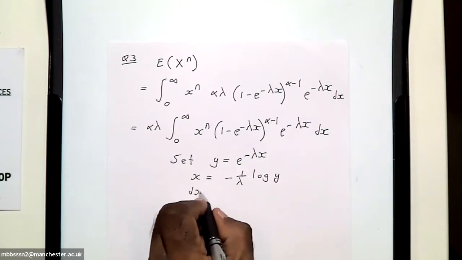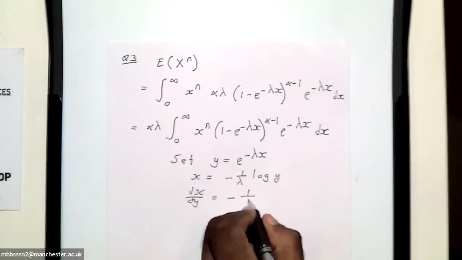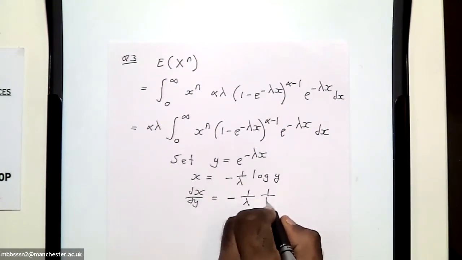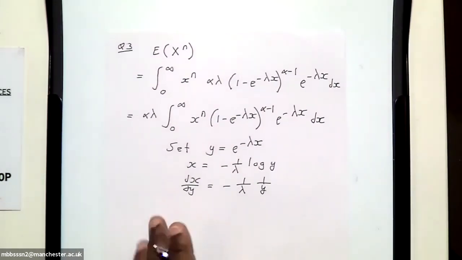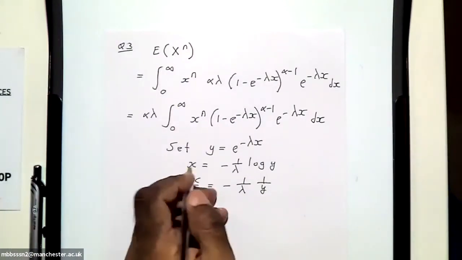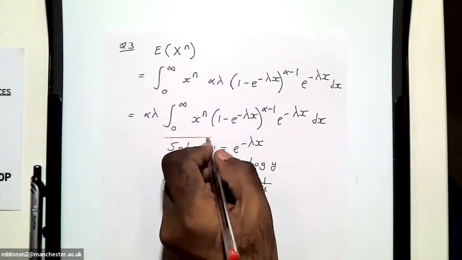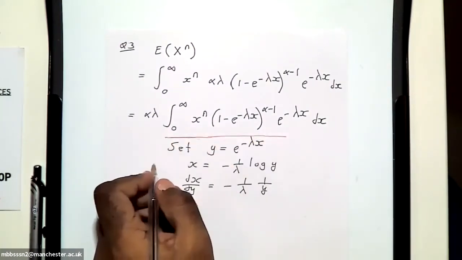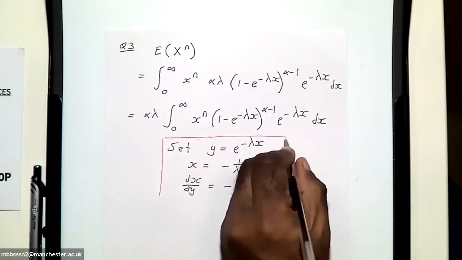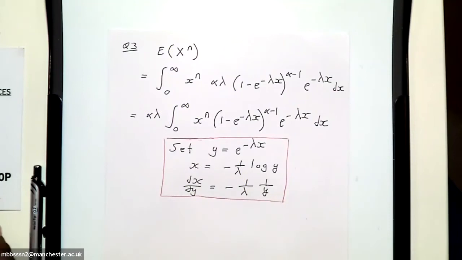So dx by dy is going to be minus 1 over lambda times 1 over y. So let's put this in a box.